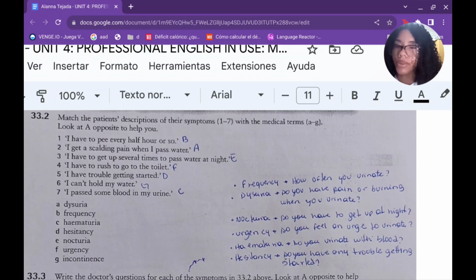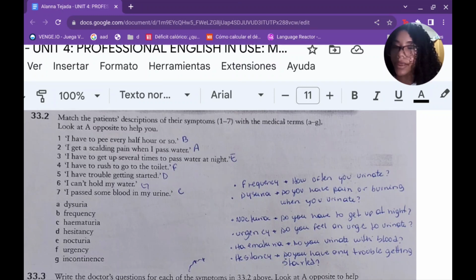3.2 Match the patients' descriptions of their symptoms 1 to 7 with the medical terms A to G. Look at A opposite to help you. 1. I have to pee every half hour or so. Frequency. 2. I get a scalding pain when I pass water. Dysuria. 3.